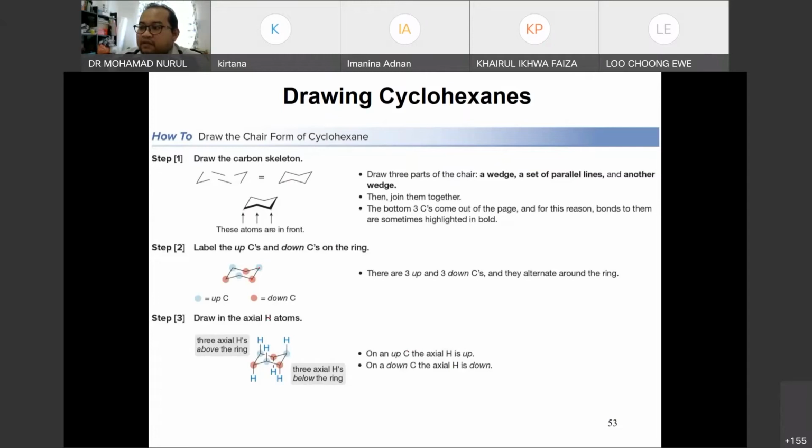Third, draw the axial hydrogen atoms. Okay, axials: we have 3 up, 3 down. You have to go back to the definition of why they are axial protons. So in this case, we have 3 up and 3 down: 1, 2, 3 up, 1, 2, 3 down.